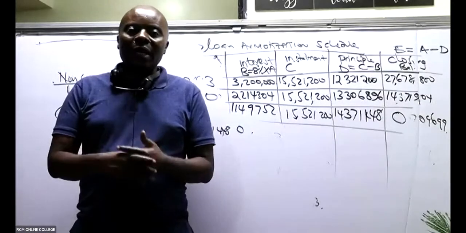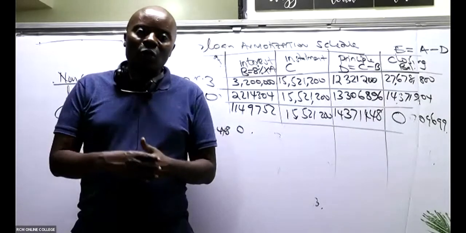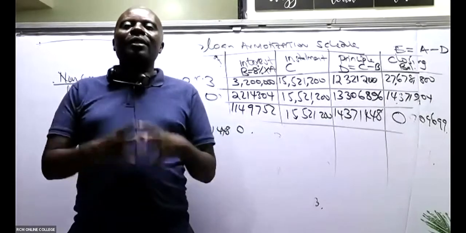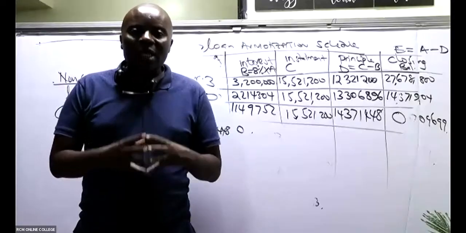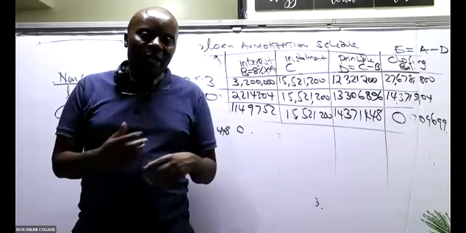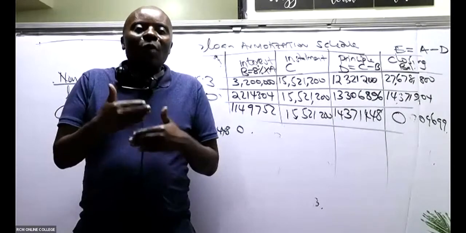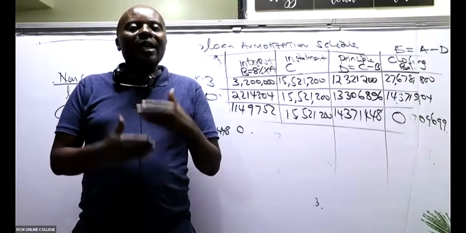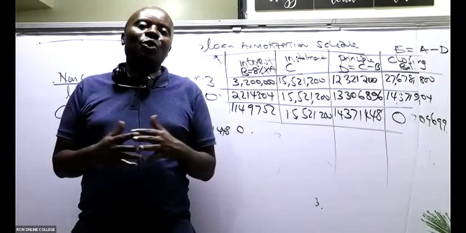So I'm left with the journals, and then showing you what if the lease rentals were paid in arrears. At least you know that there is a 1+R somewhere, but you don't know how to do a loan amortization schedule for the ones that are paid in arrears, which I'll now be able to show you.